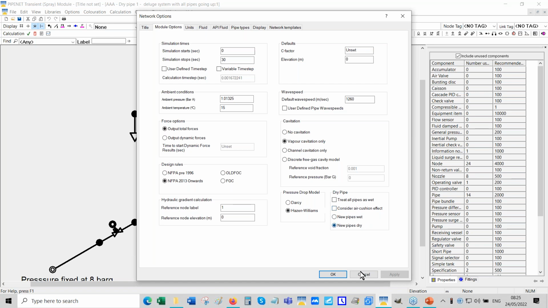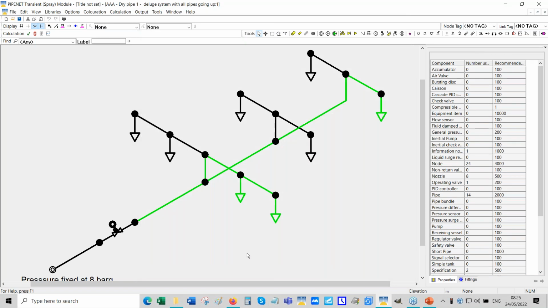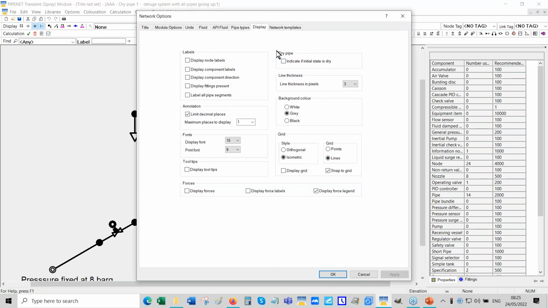And we've got new pipes dry. Now, if I look at this network, how do I know what the initial state of the pipes are? In the display options, there is this option here, and that will indicate if a pipe is dry. It's a flag.